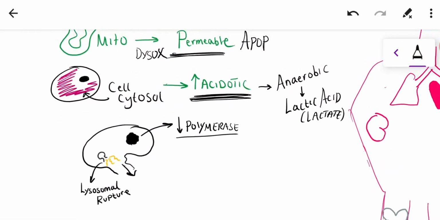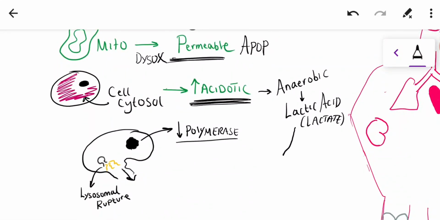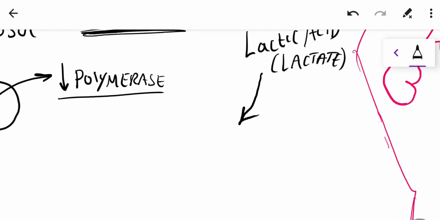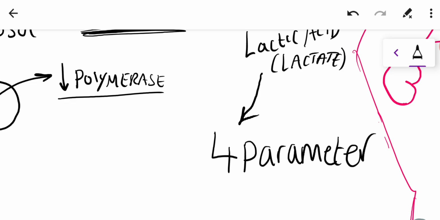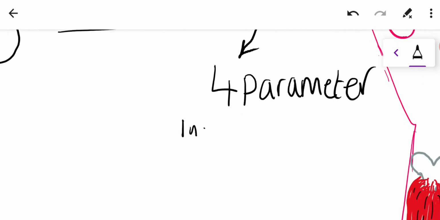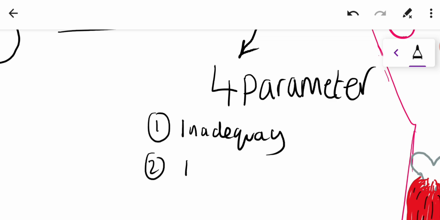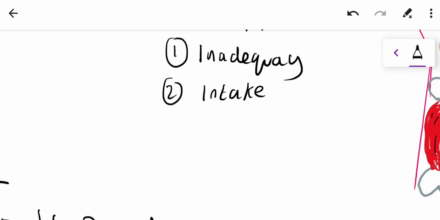And this kind of goes back to the parameters, which I'm not going to go into, but there's basically 4 parameters of hypoxia. It goes something like inadequacy, intake... let me just have a look.